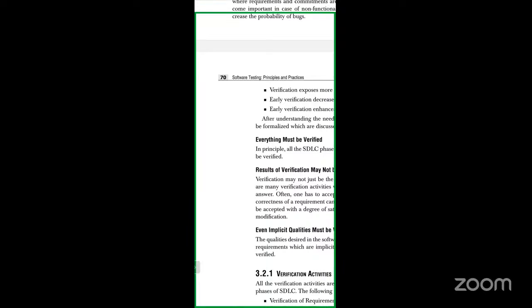To avoid such things, everything must be verified, starting from the requirement phase till the last phase, properly throughout all the phases. The results of verification may not be binary, that is, zeros and ones.